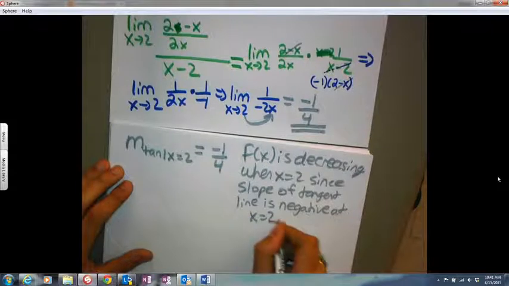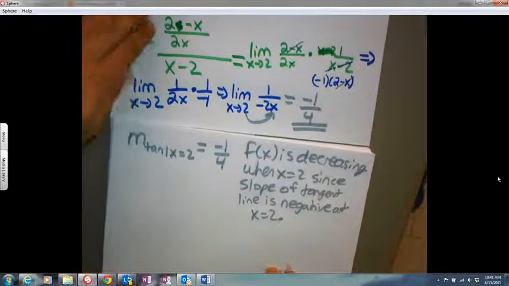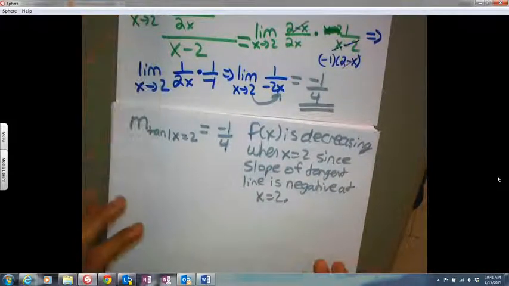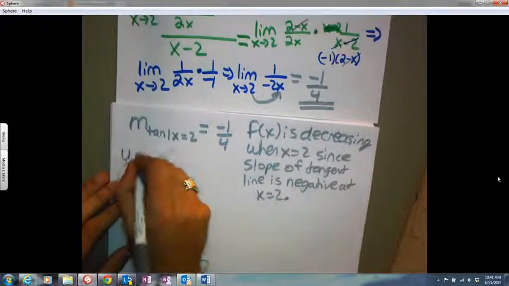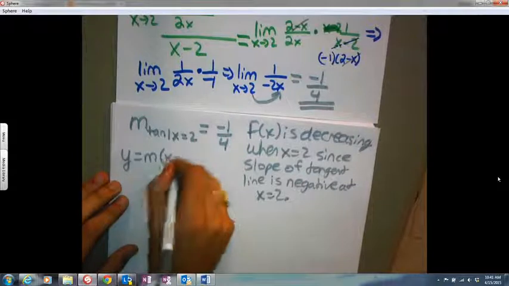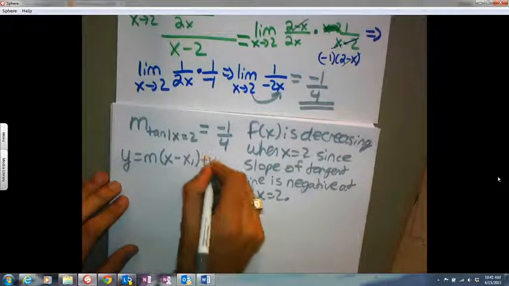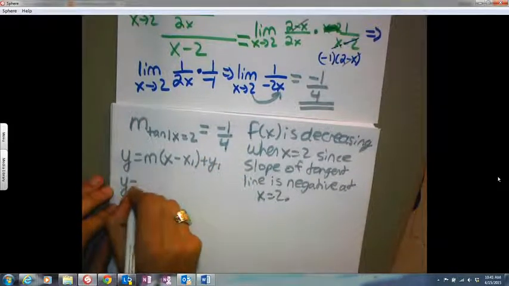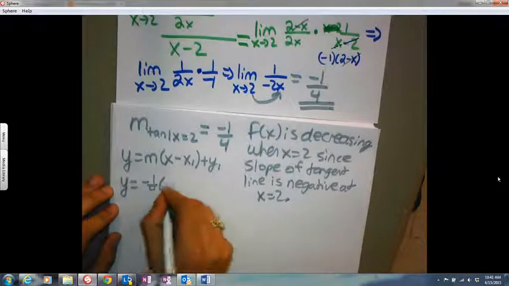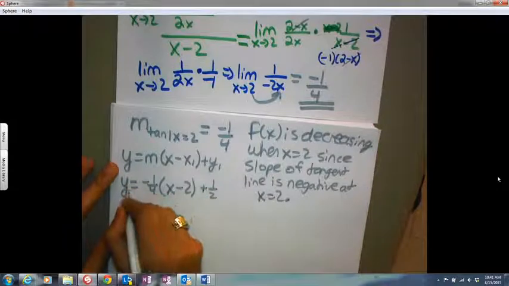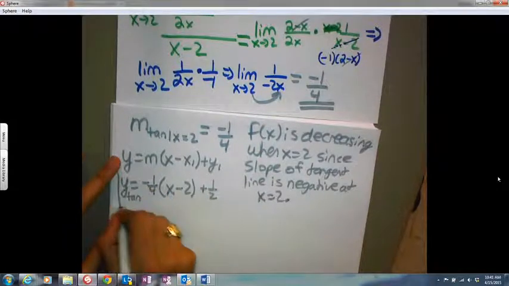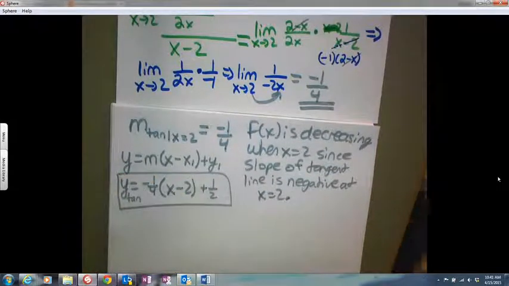And writing the slope of the tangent line, question.